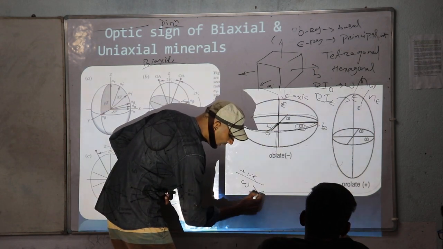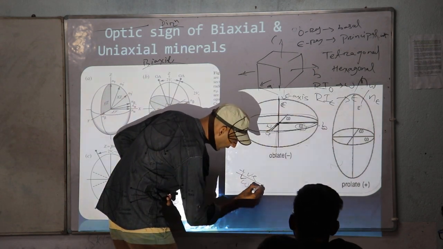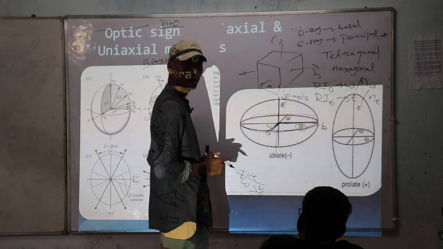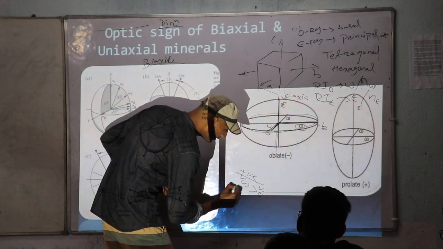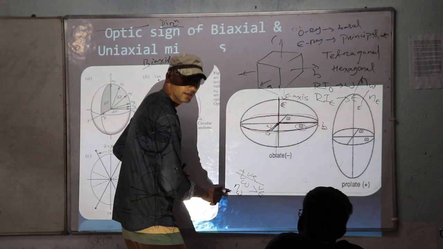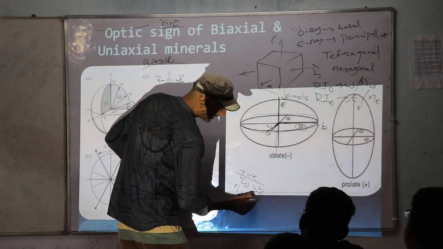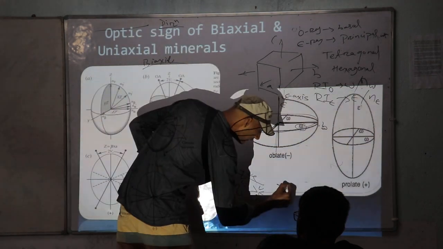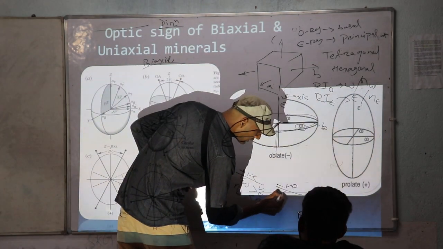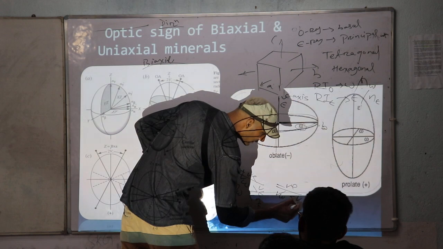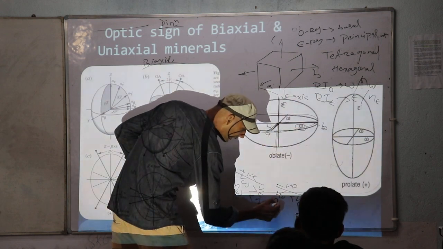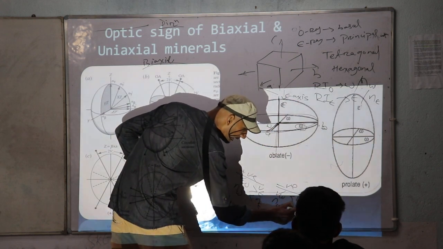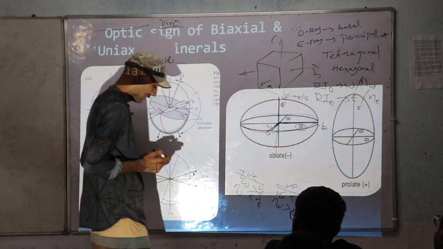Velocity of O rays should be greater than velocity of E rays. That means n omega, the refractive index, should be lesser than n epsilon. For negative minerals, the condition is velocity of O ray is lesser than velocity of E ray. That means refractive index of O ray should be greater than refractive index of E ray.